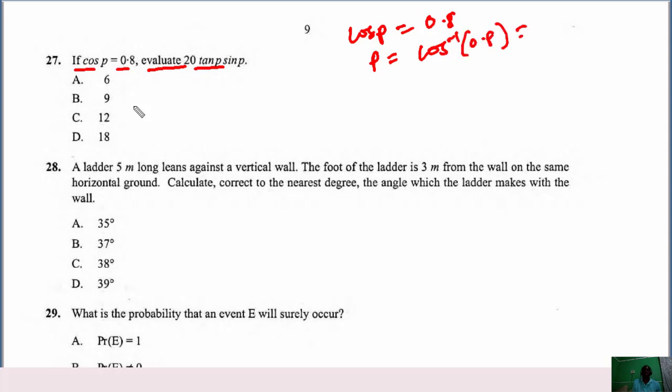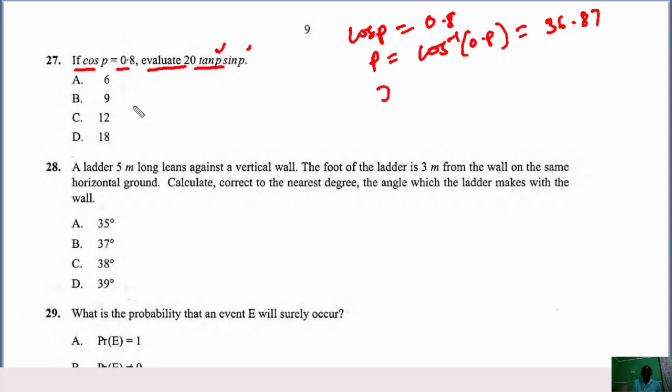So use your calculator. You press shift cos inverse of 0.8, and we are going to get 36.87.